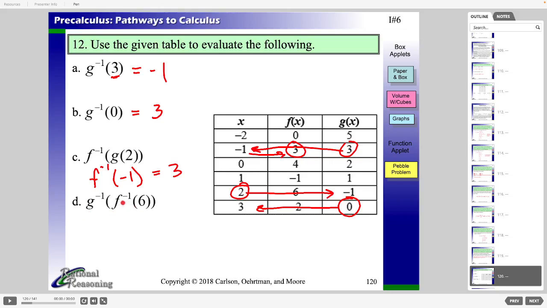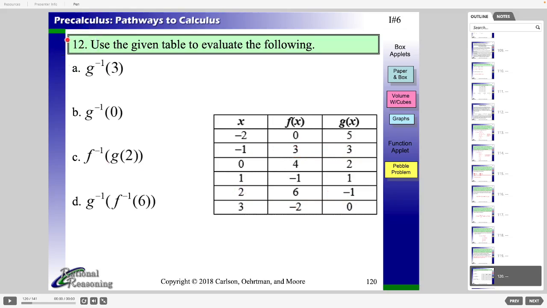Inverse of an inverse, right? So f inverse of 6. So it makes sense that we're going to look up the inverse of 6. So f of the output is 6. So it's going to be 2. The answer for this is 2.